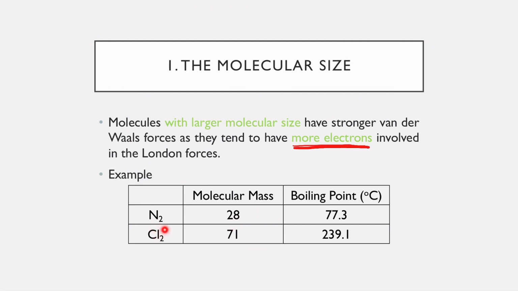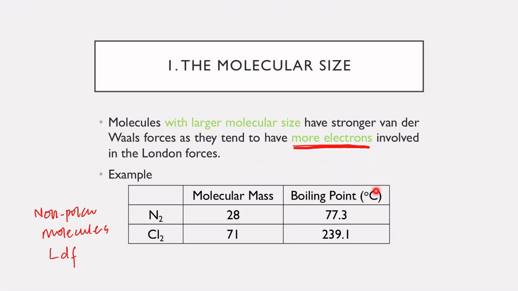And these two molecules, the similarity is that they are both non-polar molecules. Okay. So they have London dispersion forces. Okay. Both are non-polar, both have London dispersion force, but the molecular mass is different. Chlorine has greater mass than nitrogen.